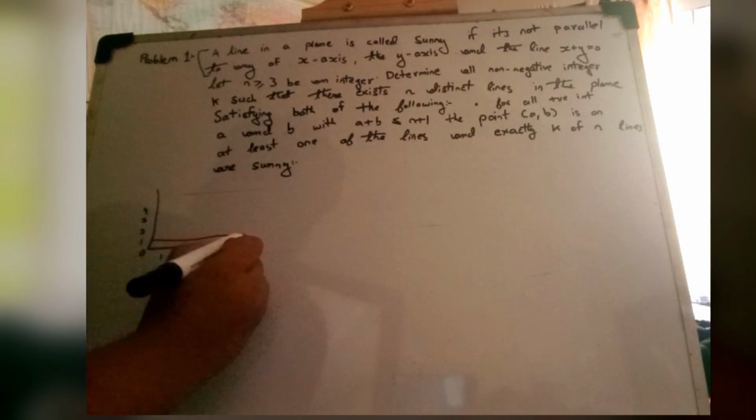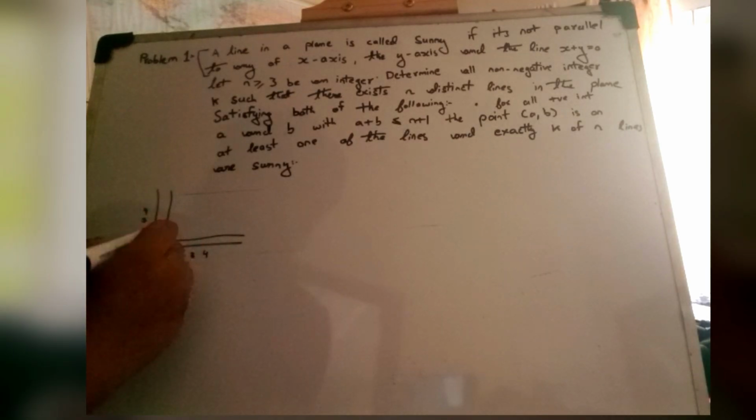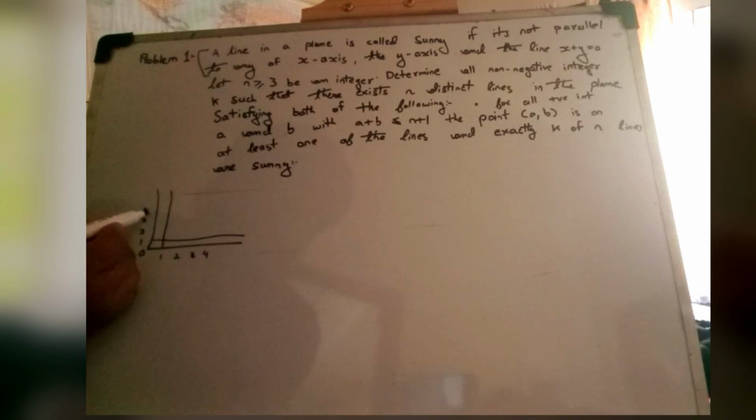This is our x-axis, this is our y-axis, and the line x plus y equals 0. Now, all the lines that are parallel to these lines are actually not sunny. So, let's continue the question.